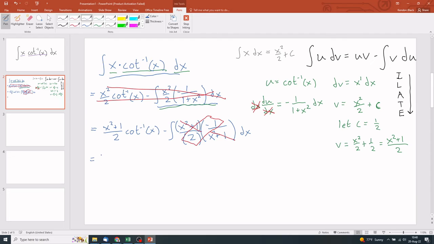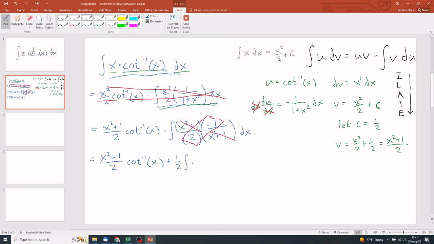So let's rewrite everything: x squared plus 1 over 2 times arc cotangent of x. I'm going to pull out the negative 1/2. When I factor out the negative, it cancels with this negative to make it plus. So we have plus 1/2, the integral of nothing.